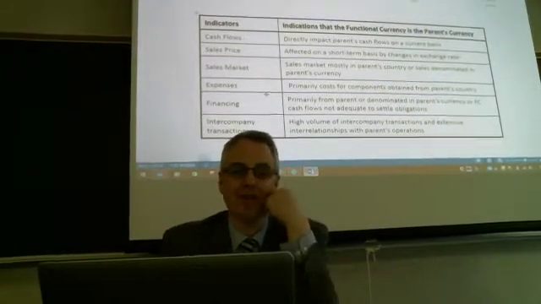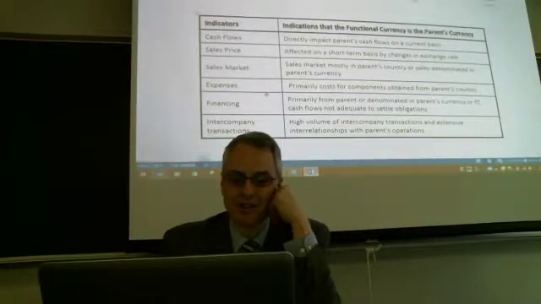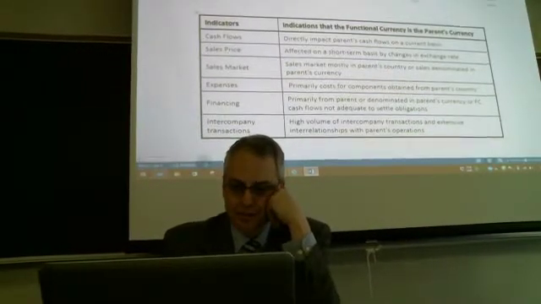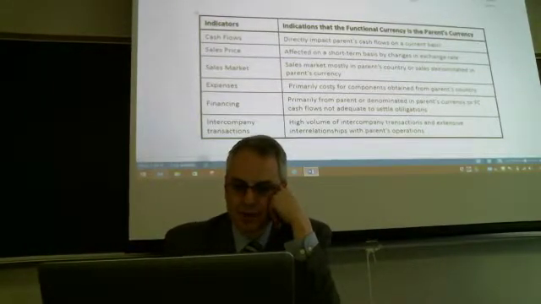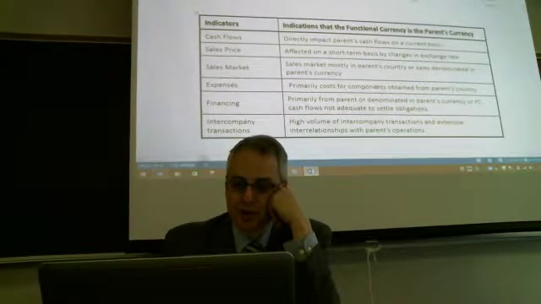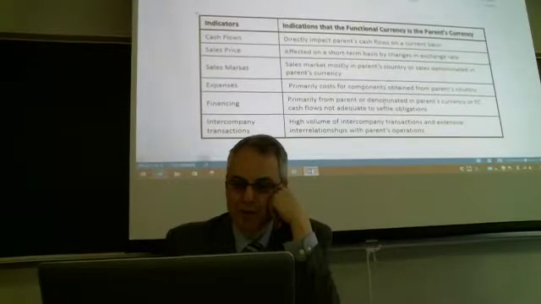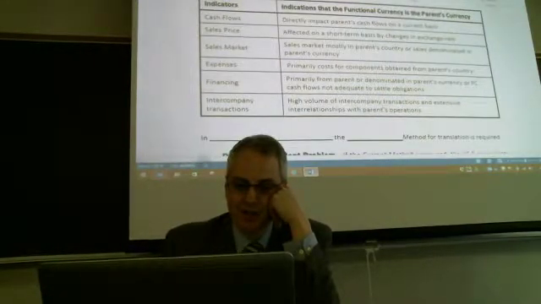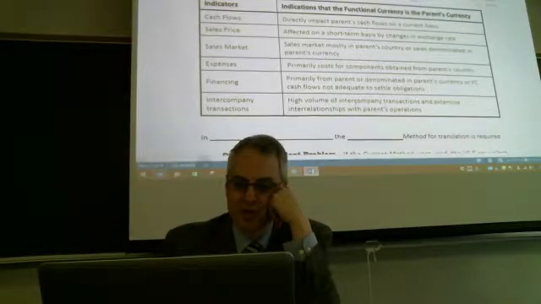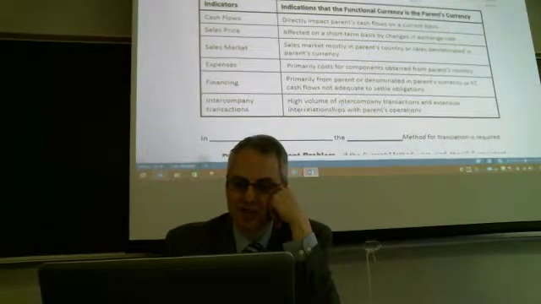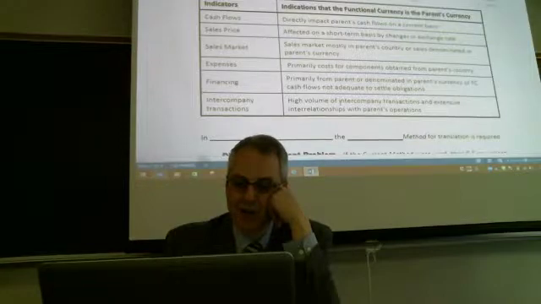Could be a reason that this kind of exists. Expenses are primarily costs for components obtained from the parent's country. Financing is primarily from the parent or denominated in the parent's currency. And there's a high volume of intercompany transactions and extensive interrelationships with the parent's operations.